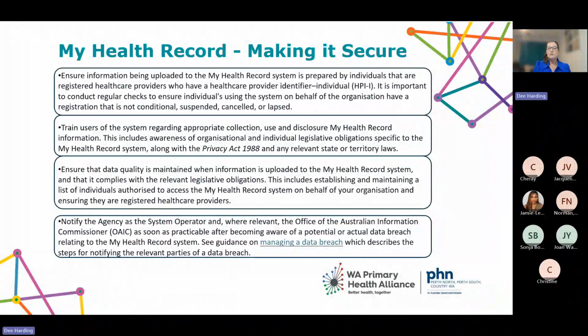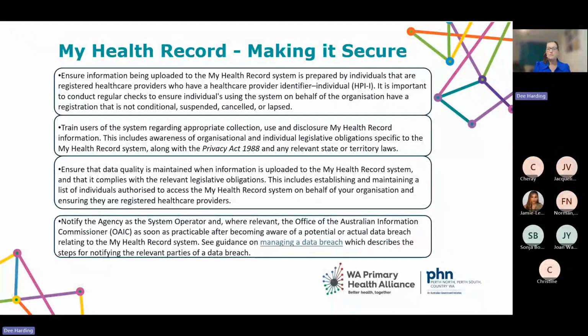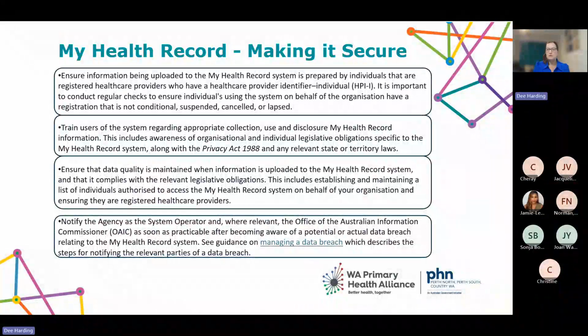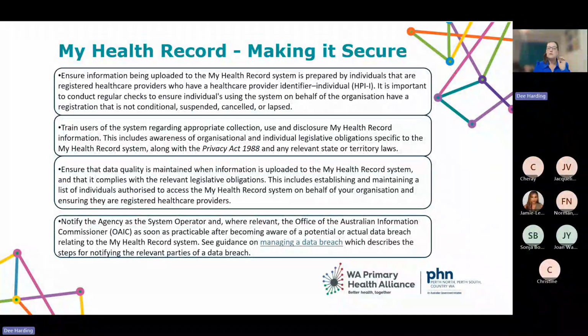You have to train the users of the system regarding appropriate collection, use and disclosure of My Health Record information. This includes awareness of organisational and individual legislative obligations specific to the My Health Record system in accordance with the Privacy Act, and any relevant state and territory laws. Some differ, but there is no difference within WA.